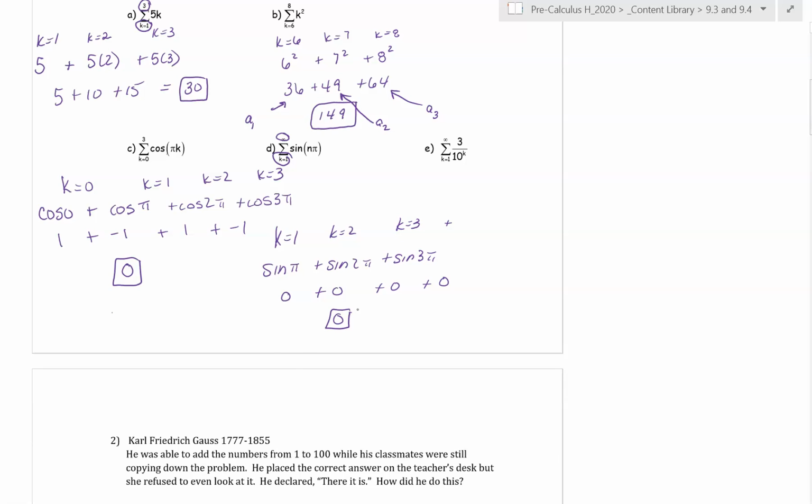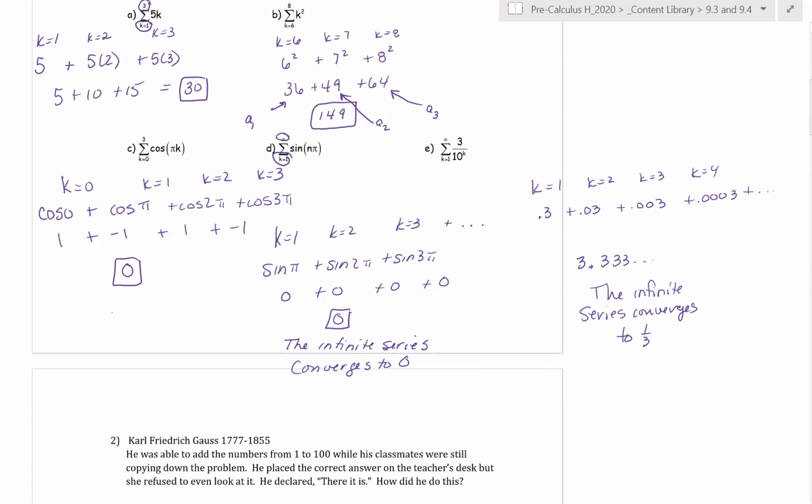This is actually an infinite series, and we're going to learn about that in just a little bit. The infinite series converges to 0. We haven't really learned about that yet. We're going to have to explain more later, but let's look at the next one. Go ahead and pause the video and try something similar and see if you can find out what's going on with part E. Our index of summation started with k equals 1 and ended with infinity.